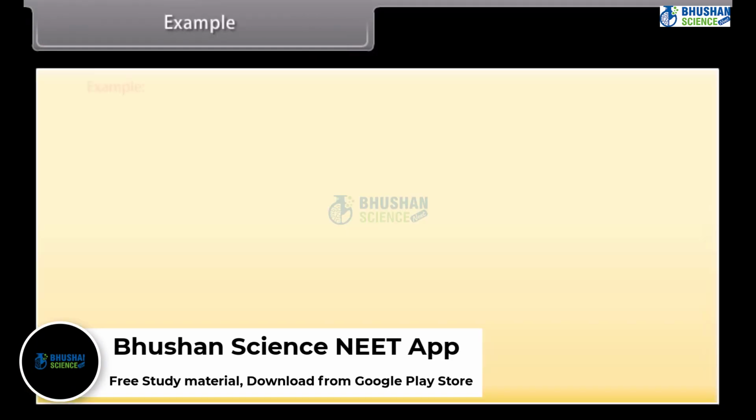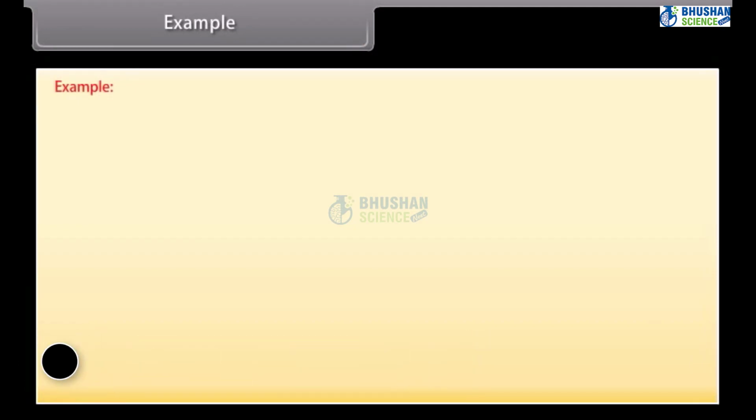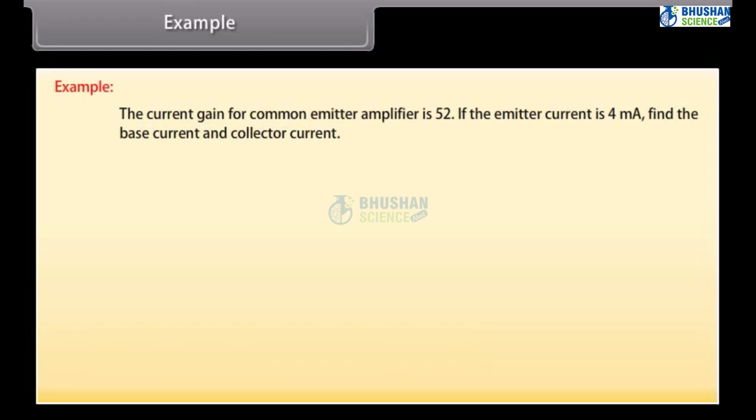Example. Let's take an example of transistor as an amplifier. The current gain for common emitter amplifier is 52. If the emitter current is 4 milliampere, find the base current and collector current. Let's see the solution. Given values are beta is equal to 52, IE is equal to 5 milliampere.